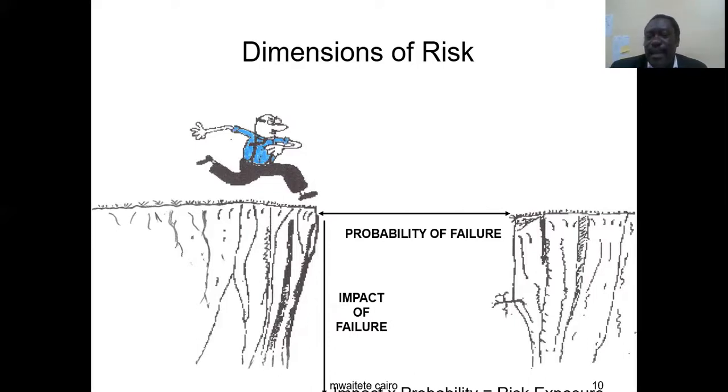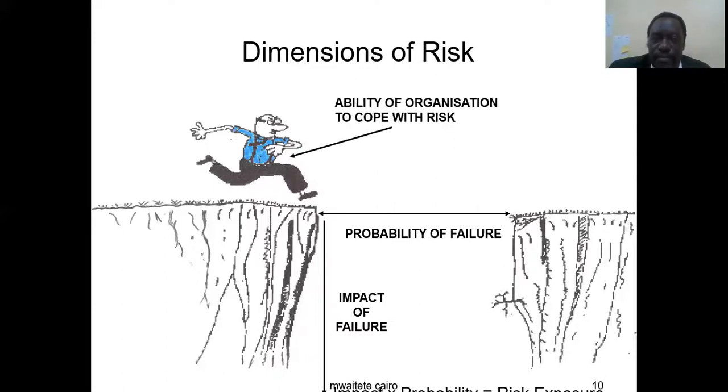So if the risk does not happen, you'll be fine. But if it happens, you have a total loss. So whichever mitigation you have, you go for the reward. You need to develop your capability to cope with risk as a manager. As a project manager, you must develop the good capacity of your organization or the project to cope with risks.